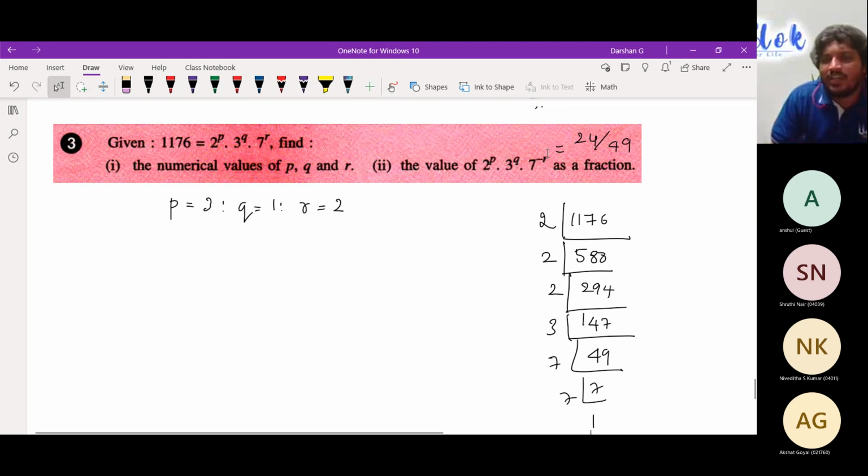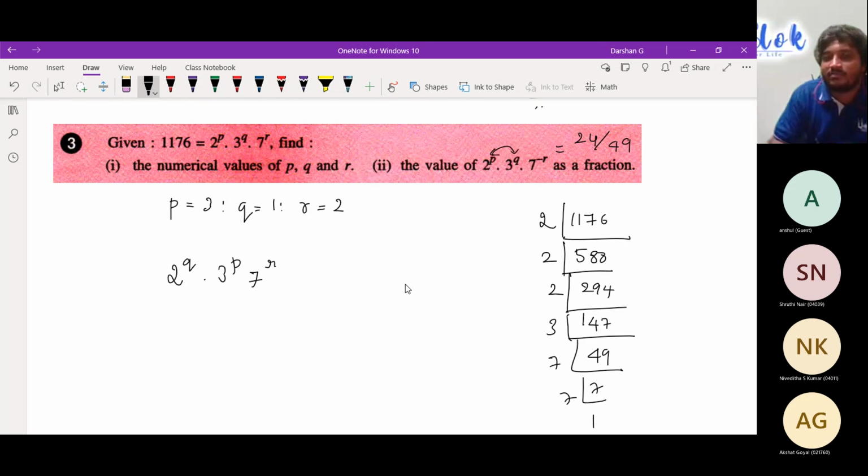Put the same thing, but always remember 7 to the power of minus R. Just remember that. Okay, coming on to where they trick the student. This was asked in multiple choice in one of the schools, I don't know which school that is. Greenwood High, again. They had asked like this: 2 to the power of Q, 3 to the power of P, or maybe 3 to the power of minus P, and 7 to the power of R, or maybe minus R. So they just interchange these two.